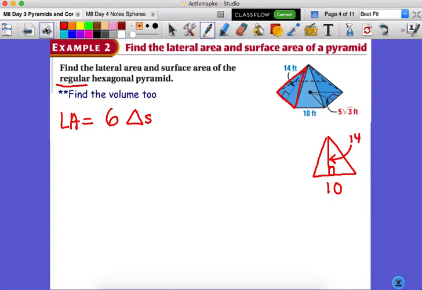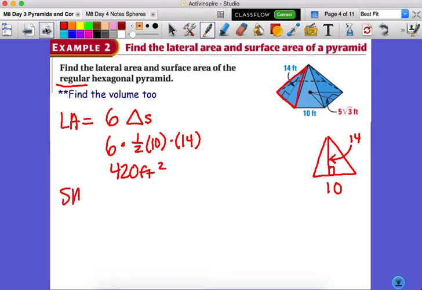So the area of that can be found by taking 1/2 the base times the height. And I can multiply all of that together by 6, since there are 6 of those triangles. So 6 times 1/2 times 10 times 14 gives us a lateral area of 420 square feet.